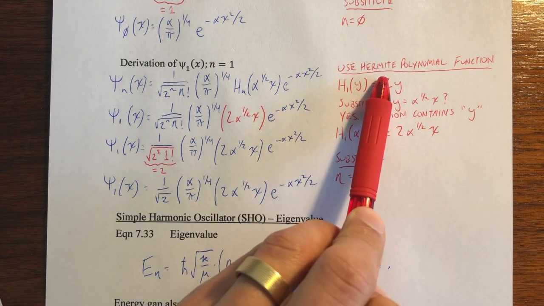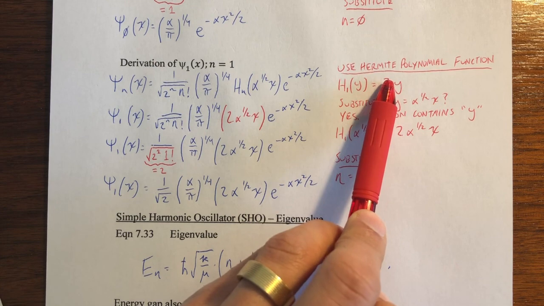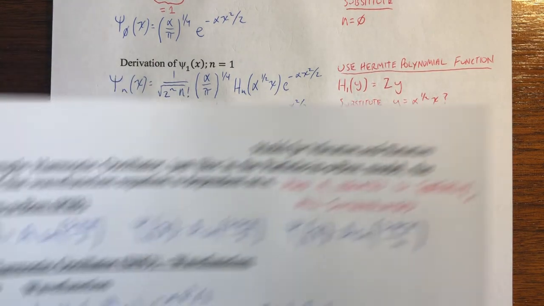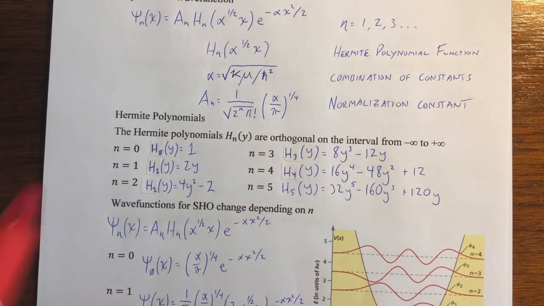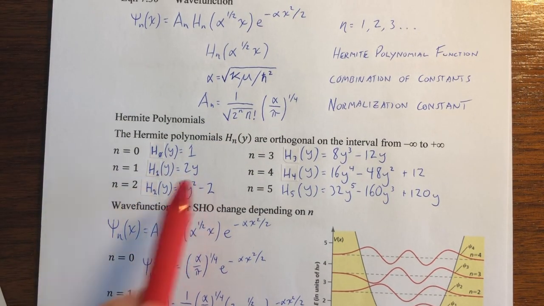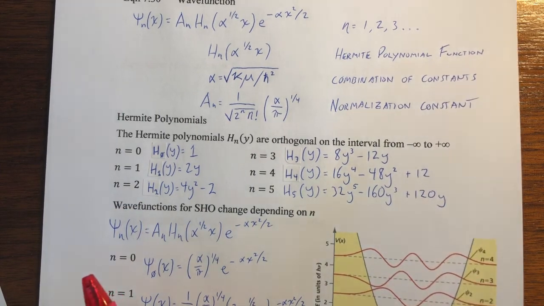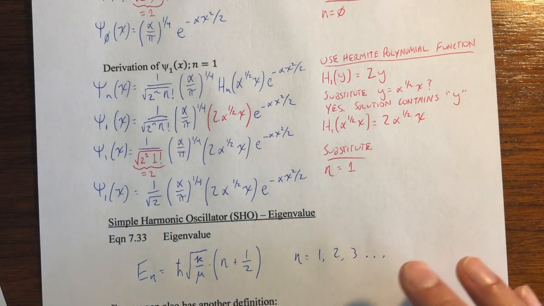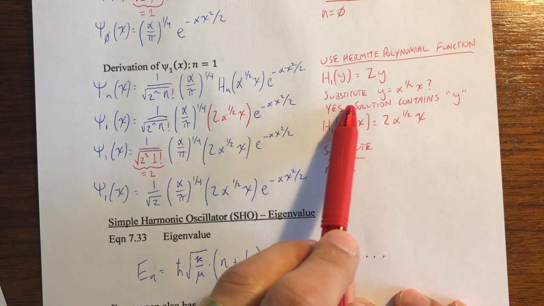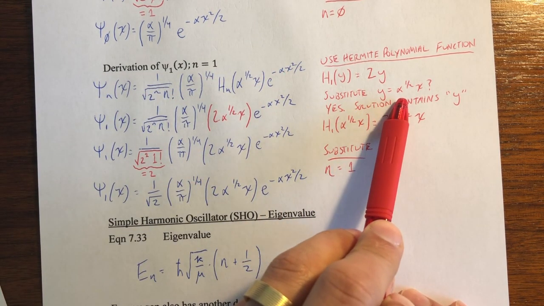So now our first step is going to be to use the Hermite polynomial function. So from our identity of n is equal to 1, we have h sub 1 of y is equal to 2y. So that is just a given expression. So with h sub 1 of y is equal to 2y, do we need to substitute y is equal to alpha raised to the 1/2 times x?